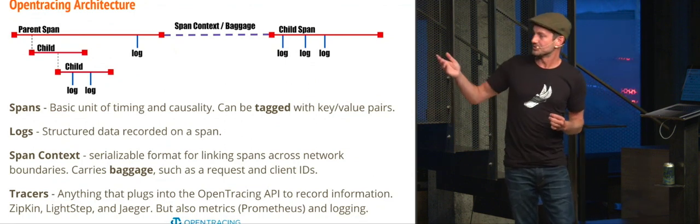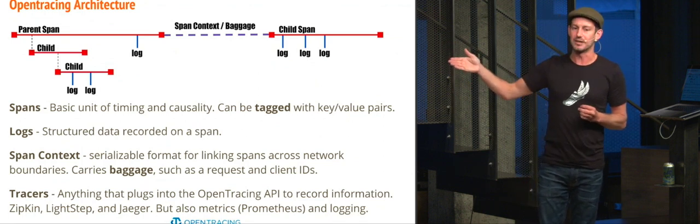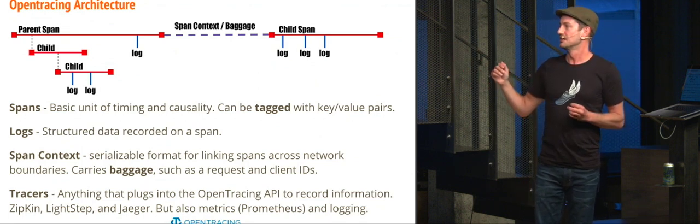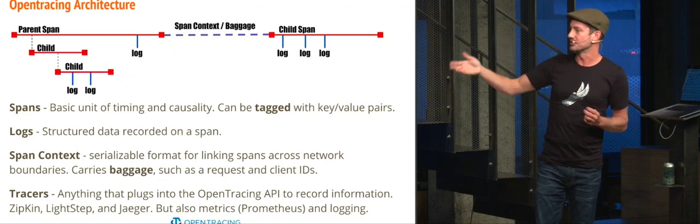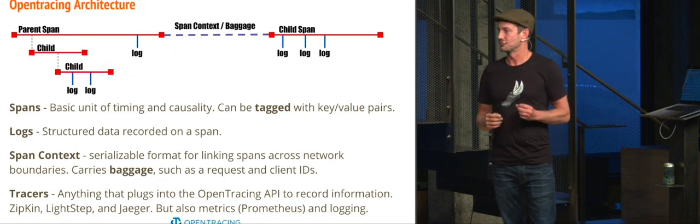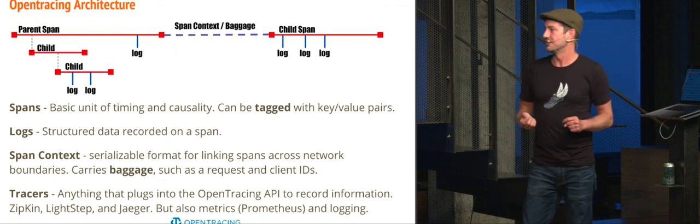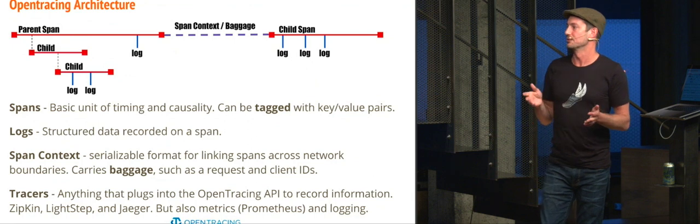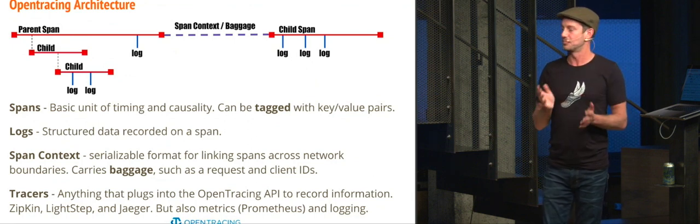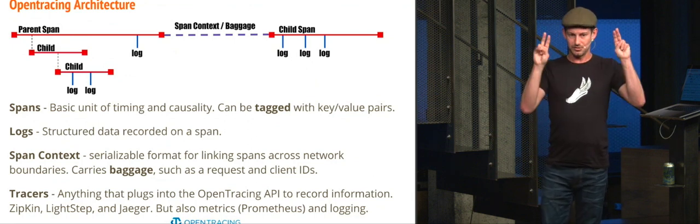And then, of course, the final API is the tracer API, which is what these various solutions then plug into. And there's, of course, your standard tracing vendors at this point. But in addition to those standard tracers, people are building more and more bespoke tracing systems.